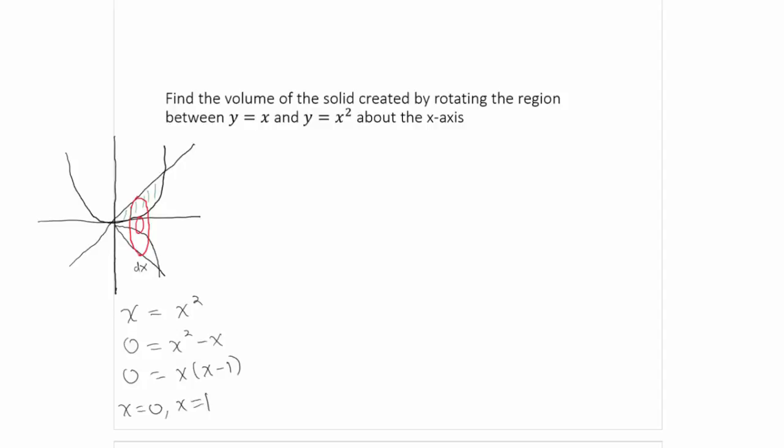So then the volume of the washer would be pi times the outer radius squared times the thickness, I'll just call it h for now, minus pi times the inner radius squared, again times the thickness.